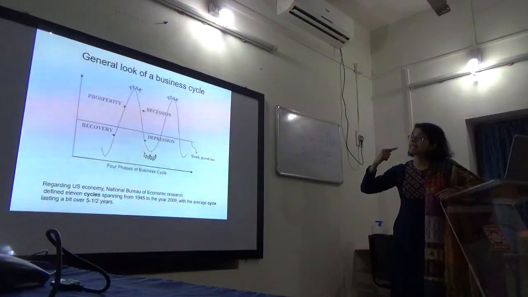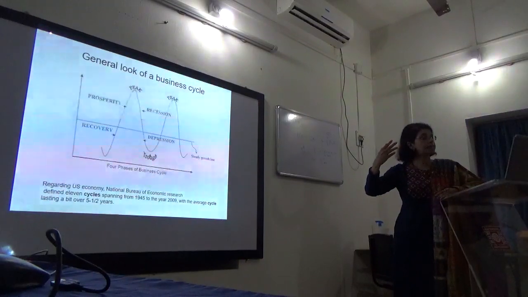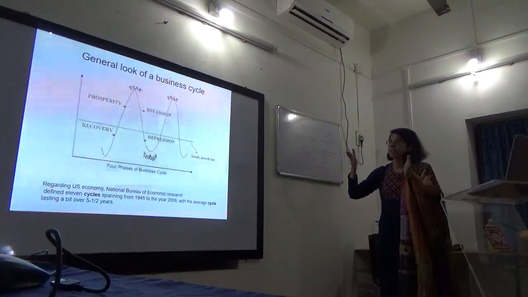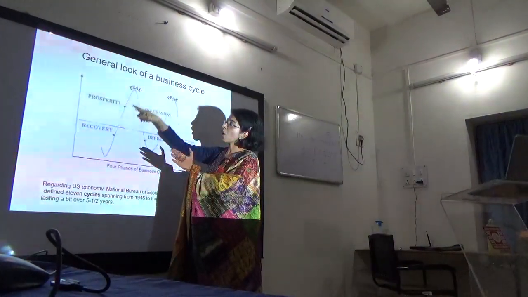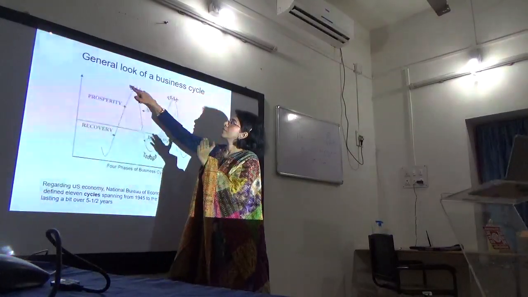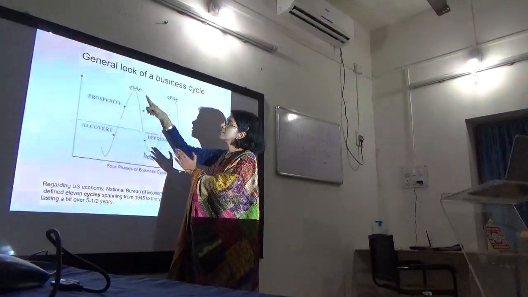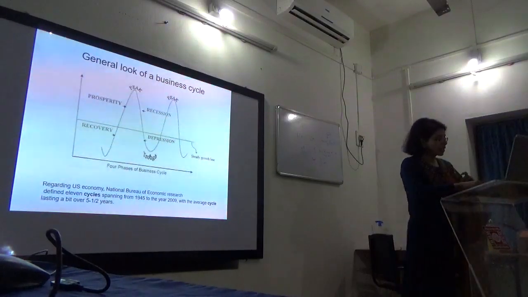Rather, it occurs in 10 years, 5 years, like that. Okay? It is not fixed. In the business cycle, the period from recovery to depression, the period from this peak to that peak, is not fixed. So that is called the cyclical component or cyclical concept.